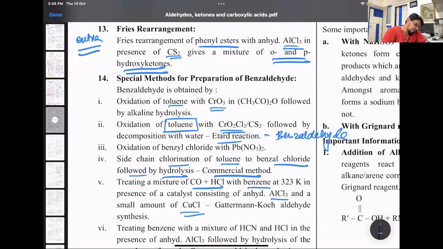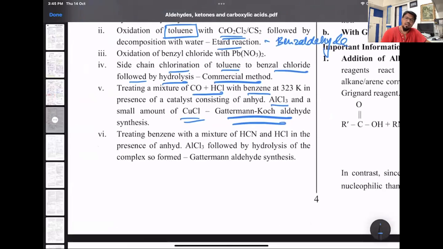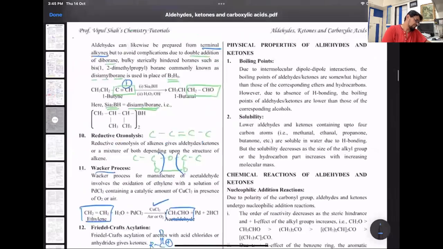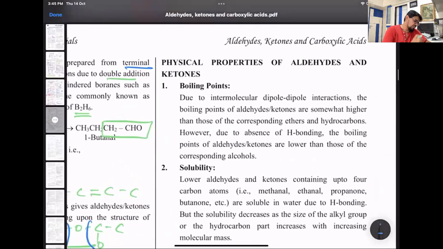That's called Gattermann-Koch formylation, substituting the H of the benzene by a CHO group. Then treating benzene with a mixture of HCN and HCl in the presence of anhydrous AlCl3 followed by hydrolysis is only the Gattermann aldehyde synthesis. This is an extra point. Mainly we have the Gattermann-Koch formylation. Okay, that's one. Then coming to the physical properties now.